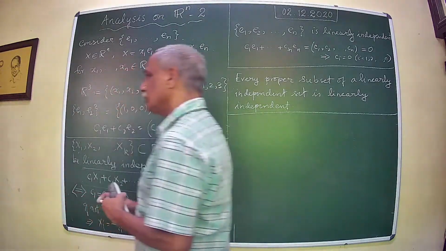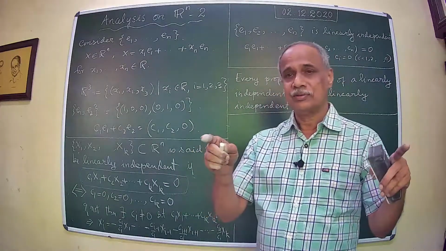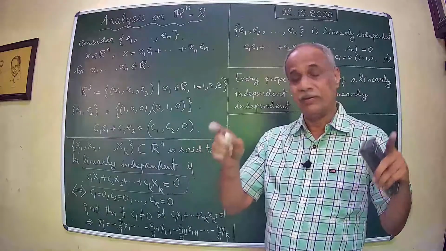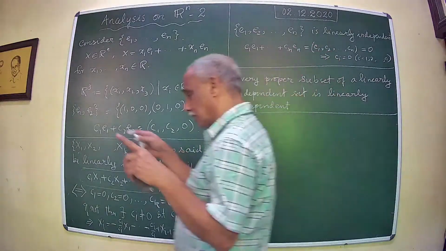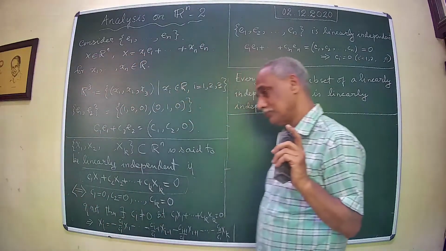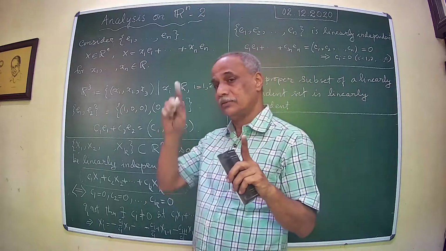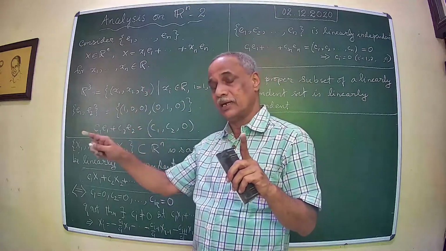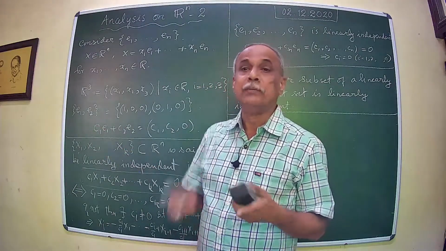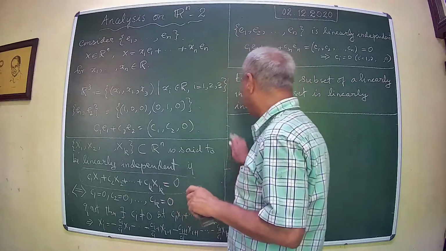If not, there is a linear combination of them. Suppose you are leaving out xi from x1, x2, etc., xk, and x1, ..., xi minus 1, xi plus 1, ..., xk is linearly dependent. Okay, so let me use that word.